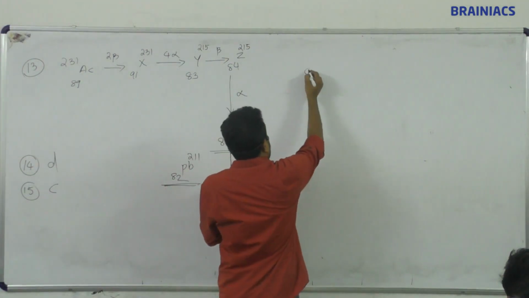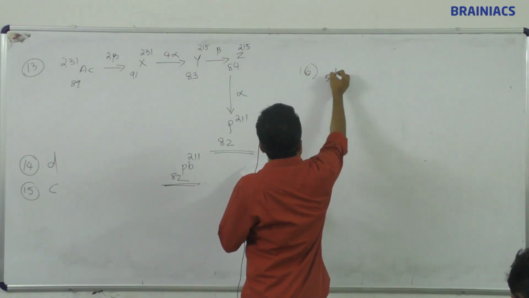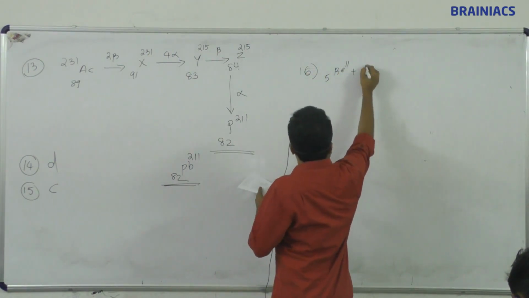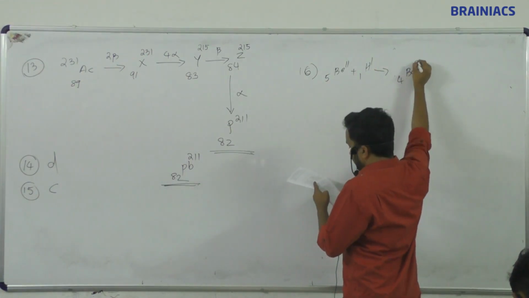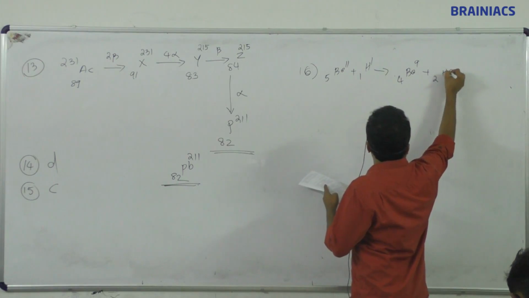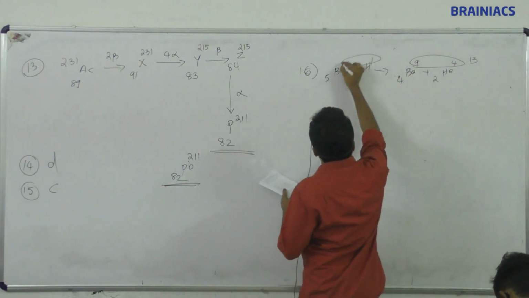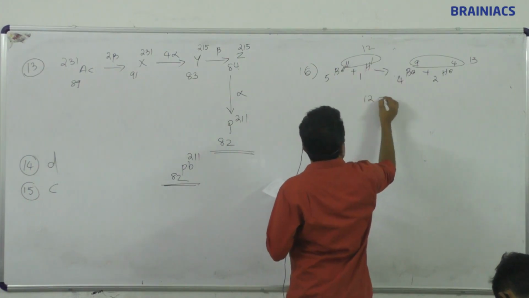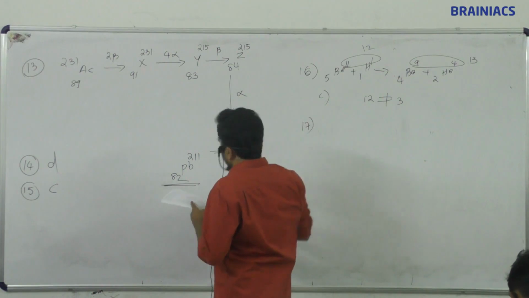Option C, 16th: beryllium 5 11 plus H 1 1 will give rise to beryllium 4 9 plus helium 2 4. On one side 12 is coming, but on the other 13 is coming. So 12 is not equal to 13. So it's not possible. 17th one.